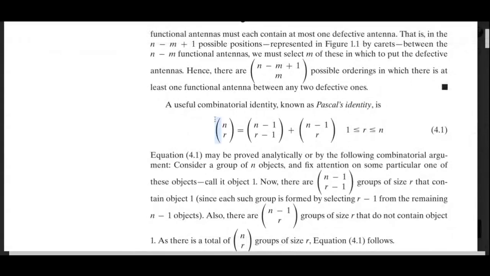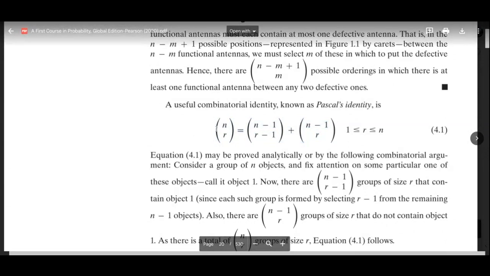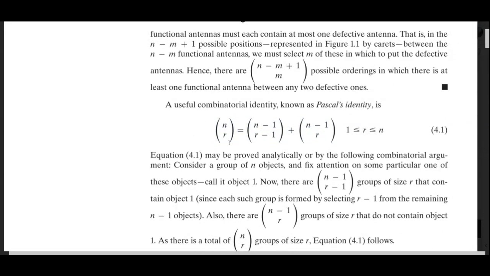So we can use this combinatorial identity. This combinatorial identity is saying out of n, choose r equals out of n minus 1, choose r minus 1, plus out of n minus 1, choose r. Maybe later on we can prove this identity.